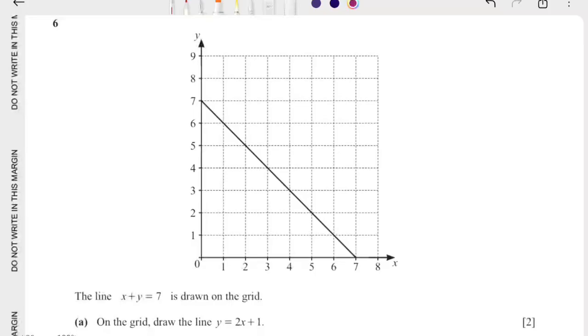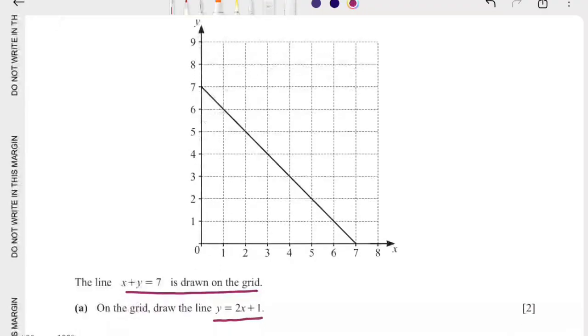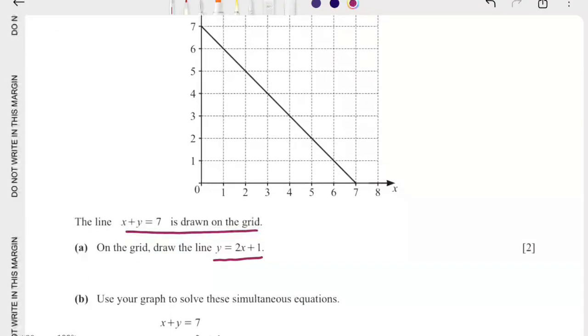The line x plus y is equal to 7 is drawn on a grid. On a grid, draw the line y is equal to 2x plus 1. And for that purpose, we can make a small table, x and y.